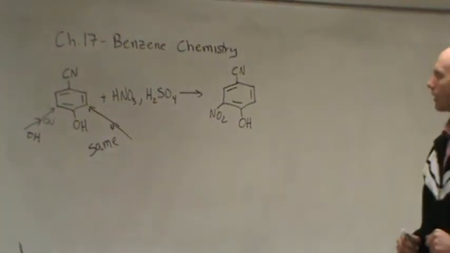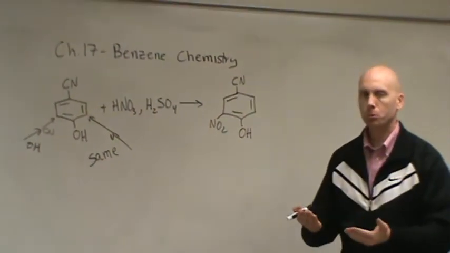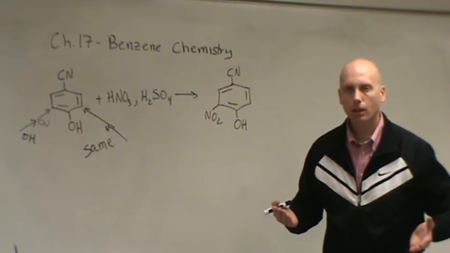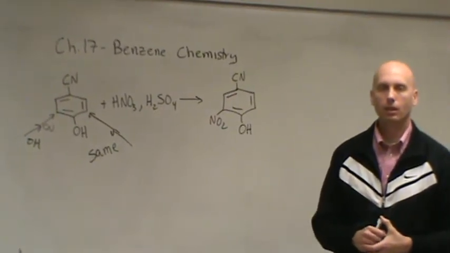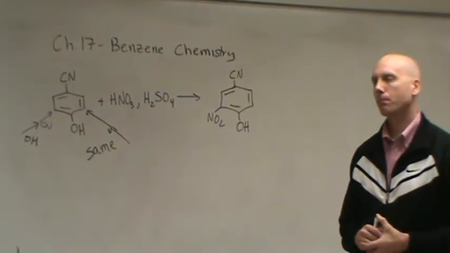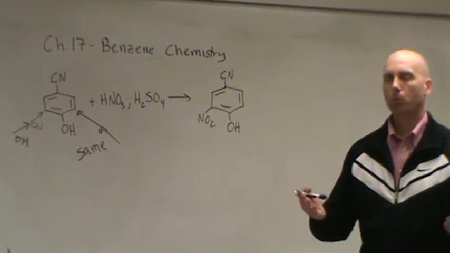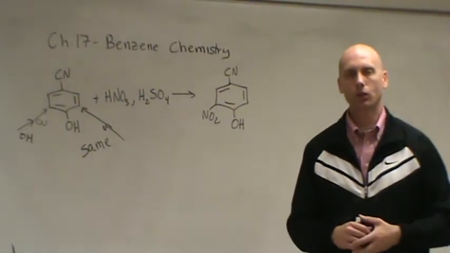Okay? So here we learn how two groups can end up pointing toward the same thing. Okay? That makes it very easy to predict what the product is. It's like everything pointing in one direction and making a decision. That makes it very easy to make that decision.